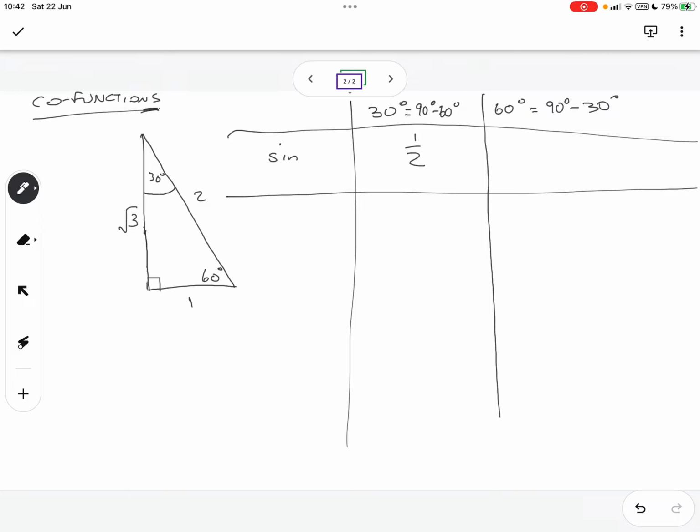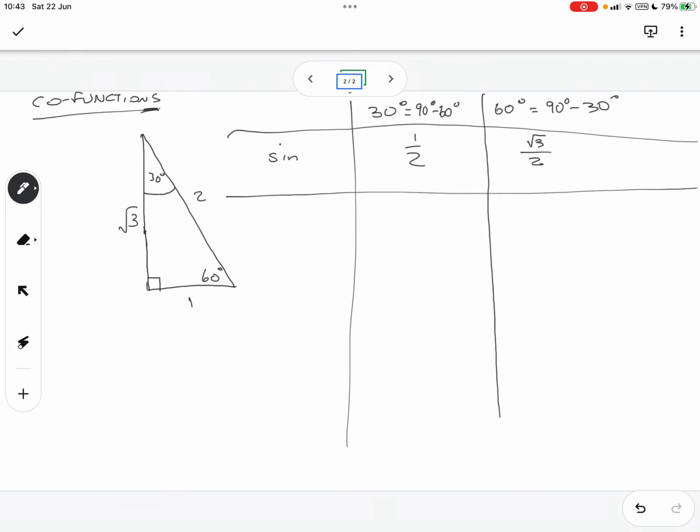And then the sine of 60 degrees. It's root of 3 over 2. Root of 3 over 2, correct.